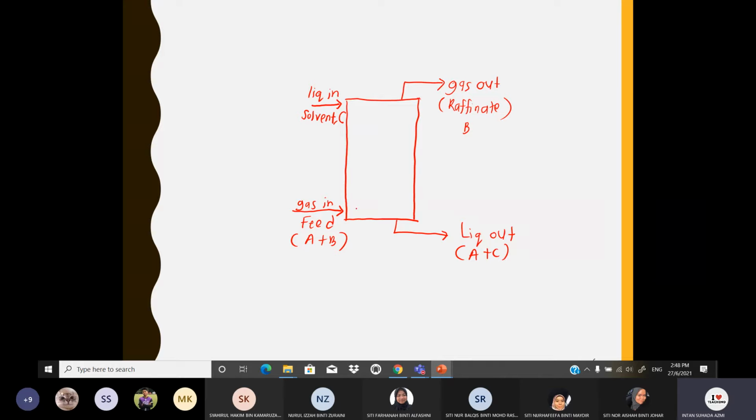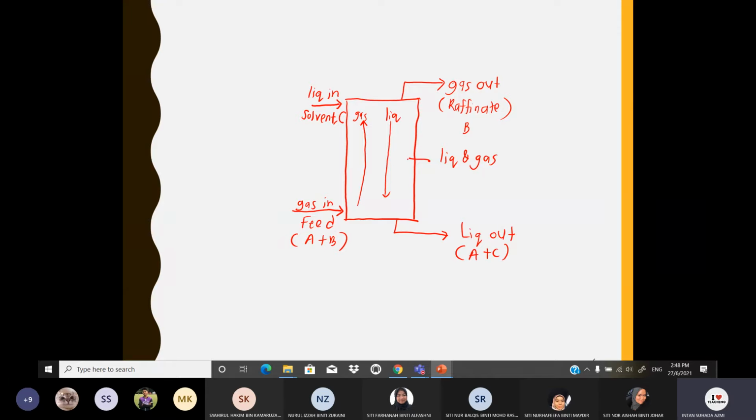Since your gas from the bottom will flow upward, and your liquid will flow downward, there is a contact between your liquid and gas here.